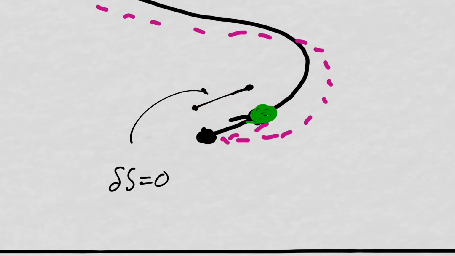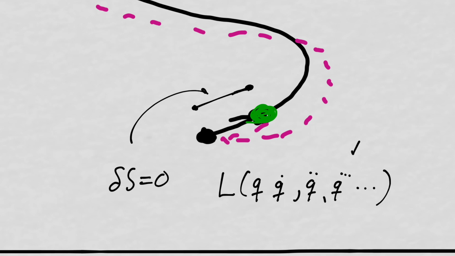And the reason that's important is because if that's the case, then my Lagrangian suddenly doesn't depend on q double dot, q triple dot, and all these other higher derivatives of q.